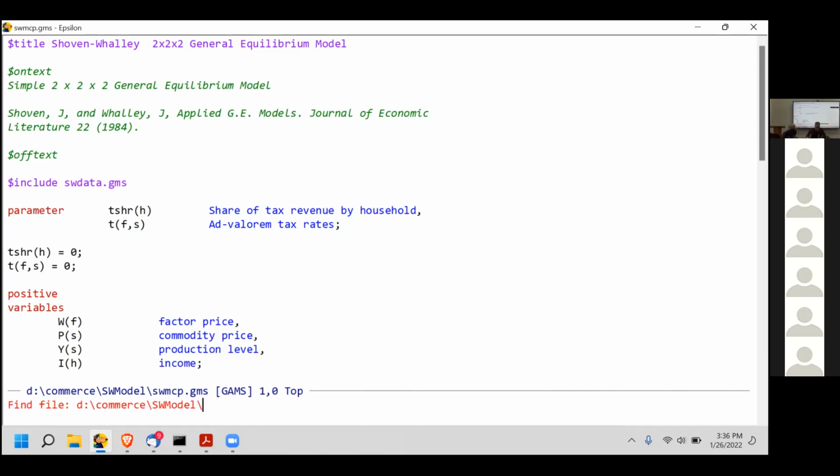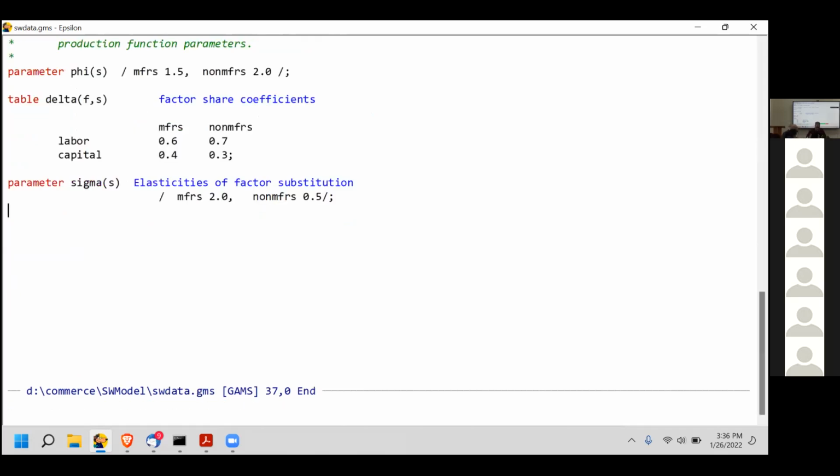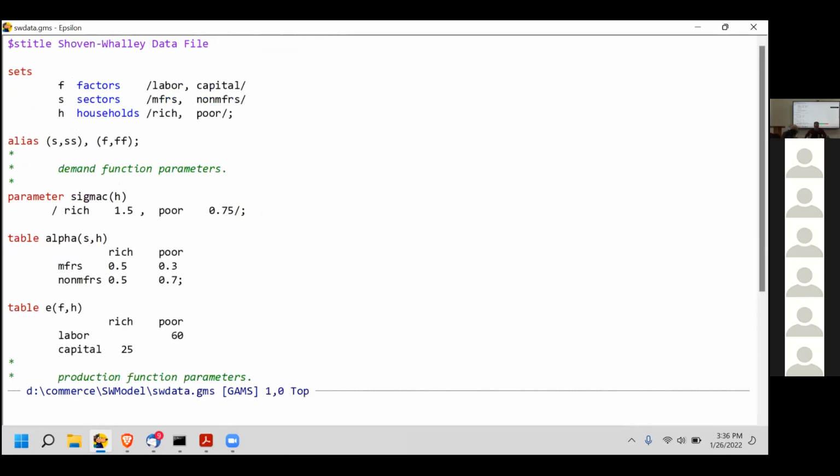If I look at SW data, that file declares sets: factors, sectors, households, and it declares some parameters for the sets. It uses the table statement, which is like a parameter statement, except with row labels and column labels. So parameter and table are the same. They're declaring a parameter, but table makes it possible to lay it out in a way that's more human friendly to read.